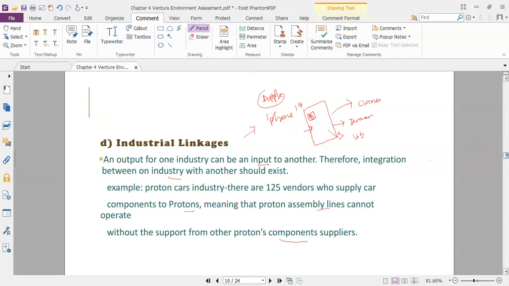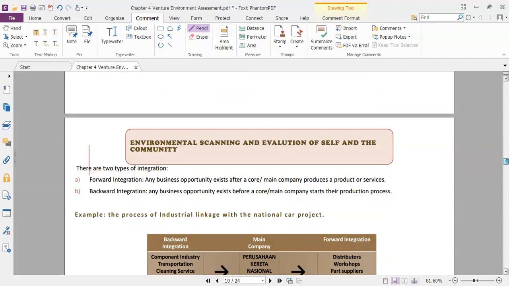Okay, that is by that industrial linkages. So next, let's look at environmental training and evaluation of self and the community. There are two types of integration: forward integration and backward integration.